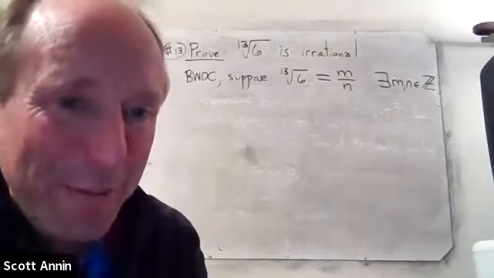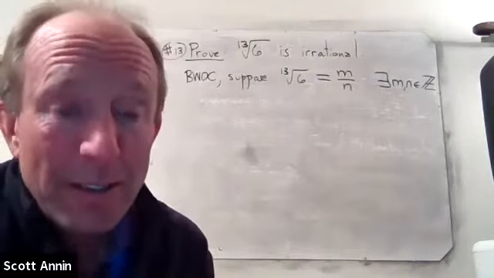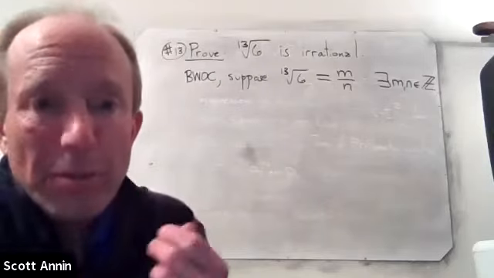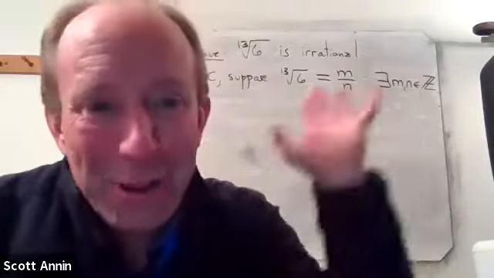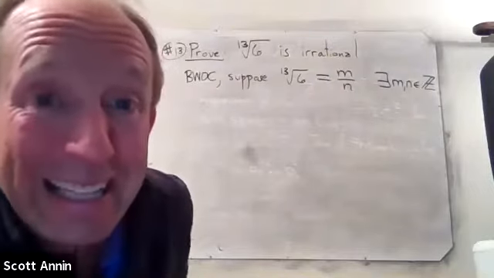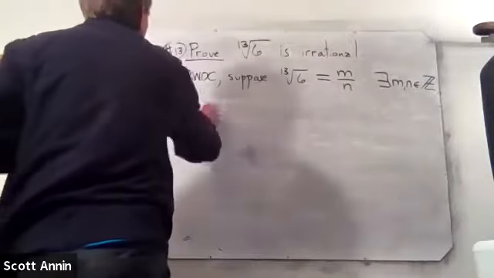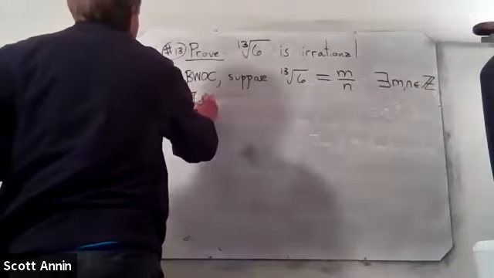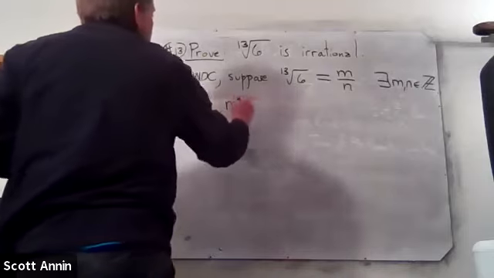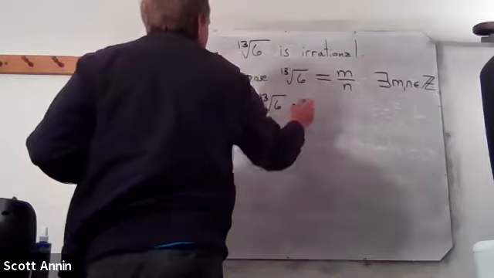So we just start off imagining that it is a fraction. And we immediately want to clear out the fraction though. So I'm going to cross multiply the n to the other side of this equation. So then what we'll have is m equals the 13th root of 6 times n.